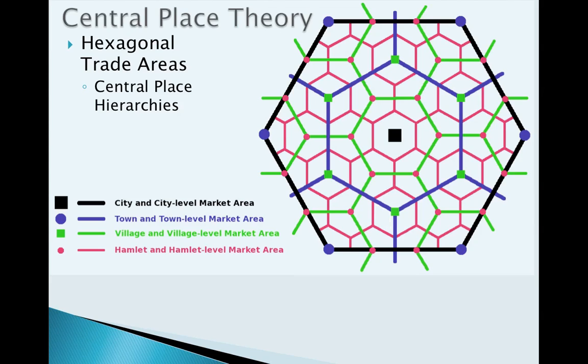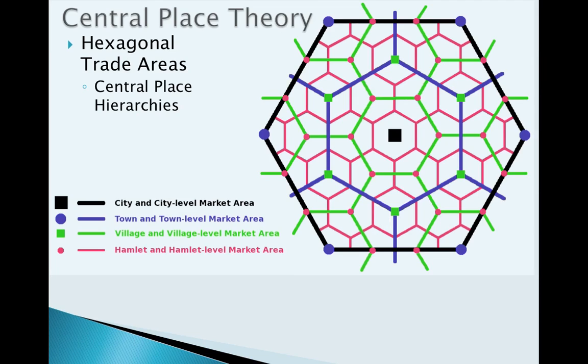So there are four levels of retail-based hexagonal trade areas, with each layer of hexagonal trade areas defined by this competitive process. And what we see when we look at this diagram in general, thinking back to the basic observations, how many large cities are there? Only one.